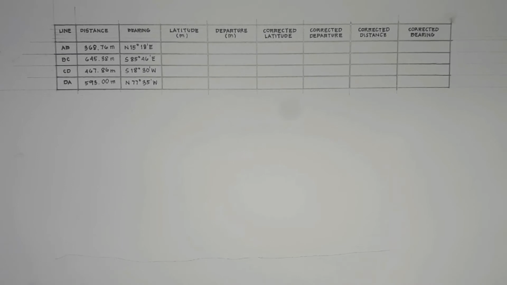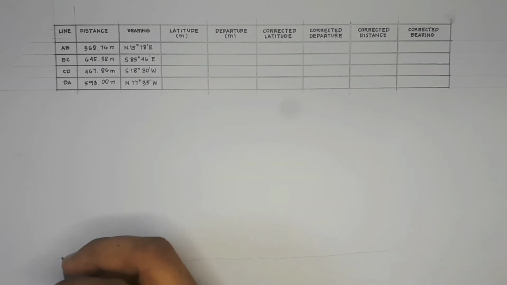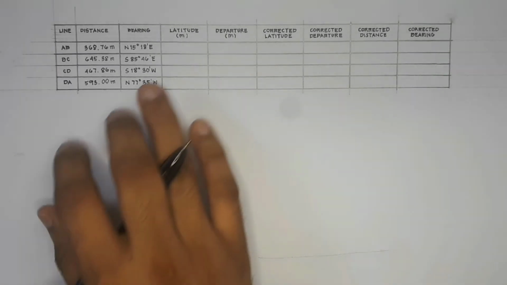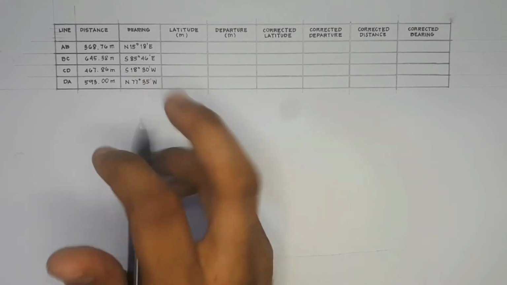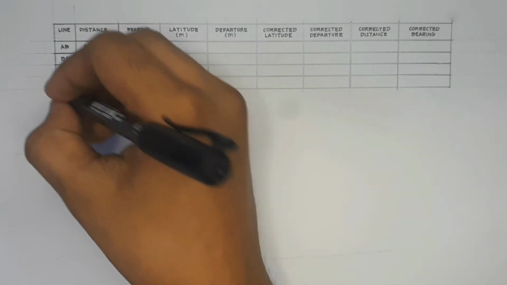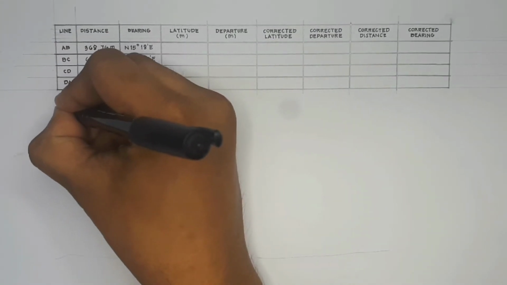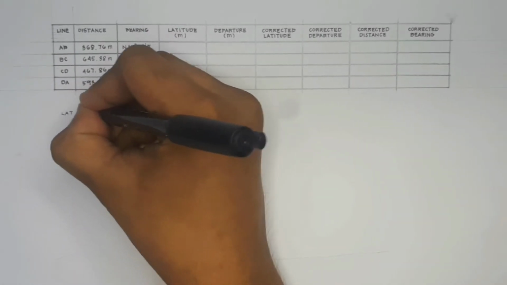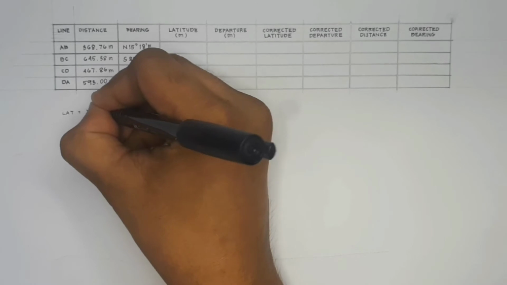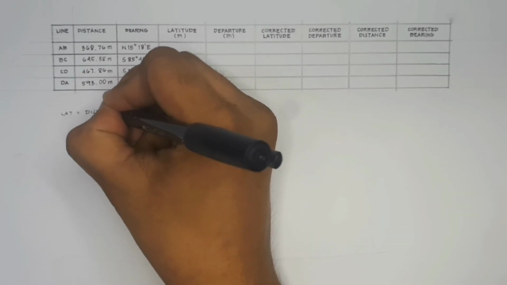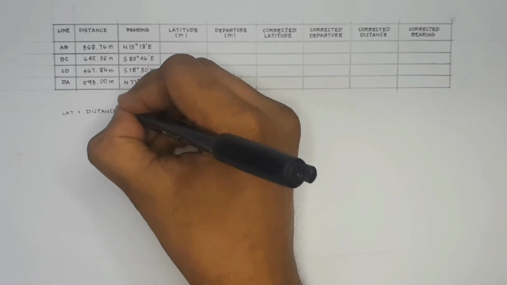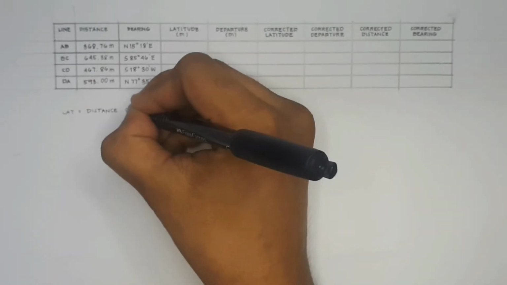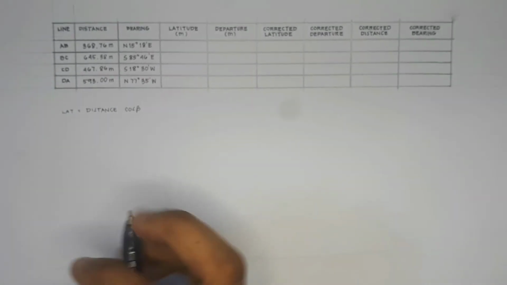So let's start with line AB. To compute for latitude, again, I have derived the formula earlier. So the latitude is equal to the distance times the cosine of the bearing angle.